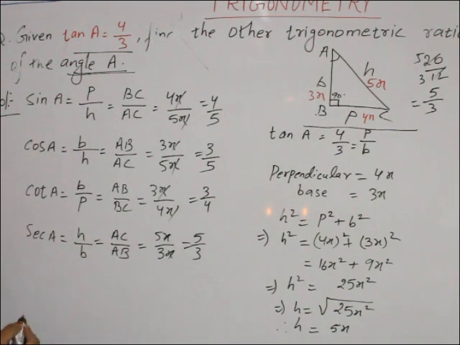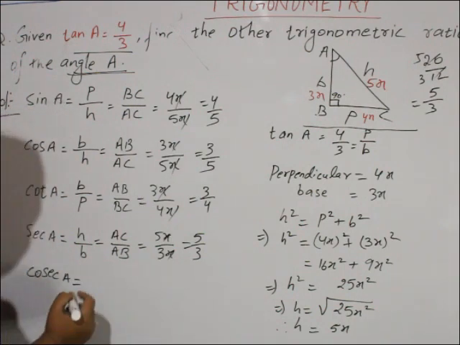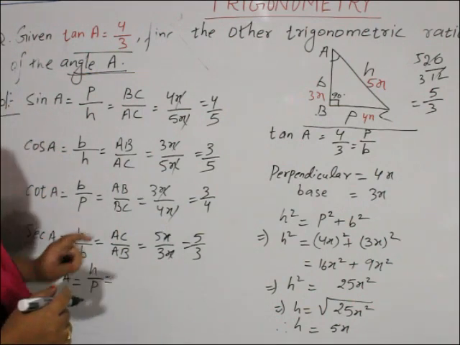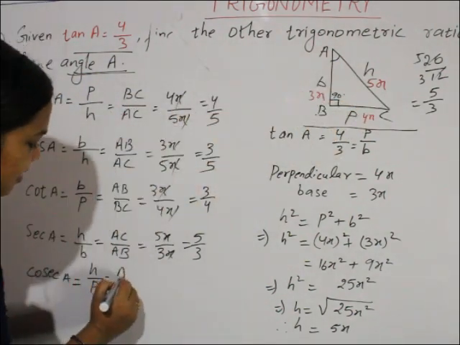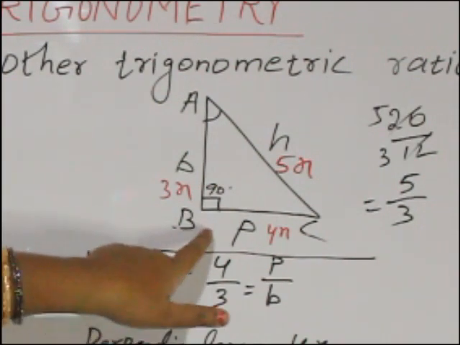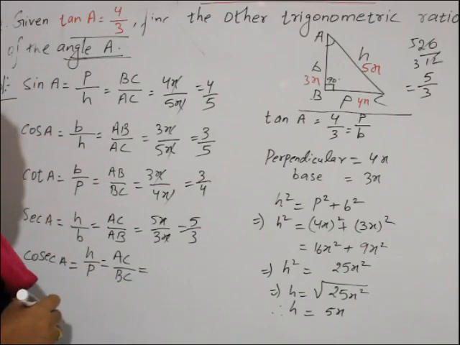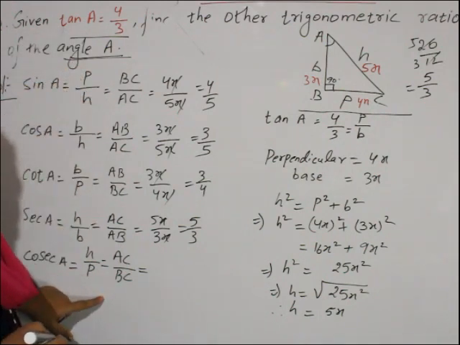So next is cosec A. We know sine and cosec are reciprocal of each other. Sine is P by H, cosec is H by P. Hypotenuse is AC, perpendicular is BC. So AC by BC. Sine is BC by AC, this is AC by BC.